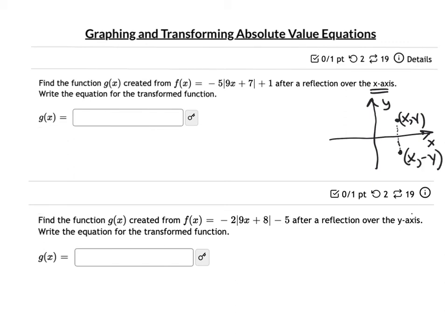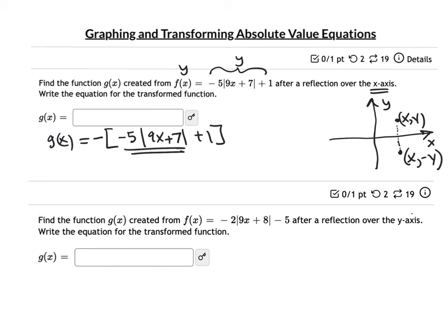So every y value will be the opposite. So my g of x function, every y is affected. So the whole equation is what y is. So every y will be the opposite, an opposite in front of my brackets. Negative 5 times the absolute value of 9x plus 7, and then plus 1.